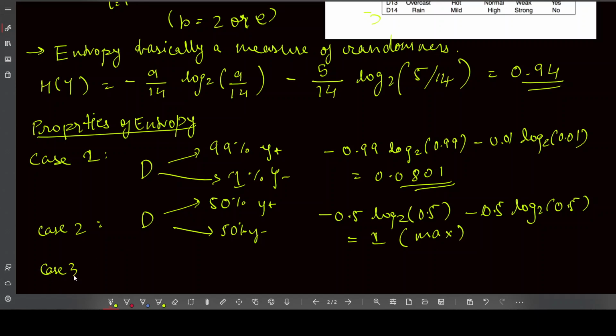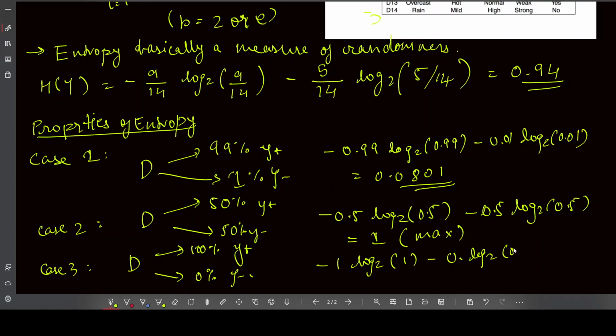And case 3 is where I don't have one class at all. Let's say I have only 100% positive classes and 0% negative classes. In this case, my entropy is minus 1 log to the base 2 of 1, minus 0 log to the base 2 of 0, which is 0. In this case, it's minimum.